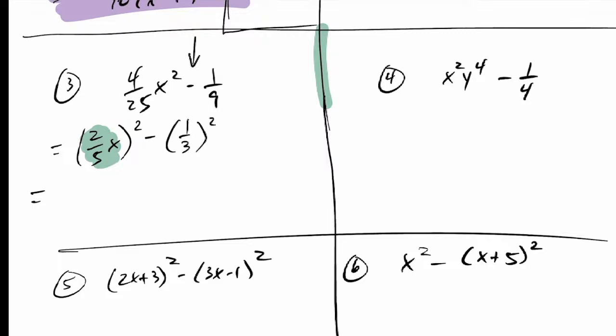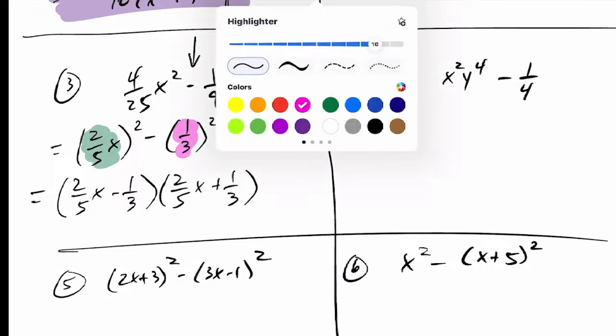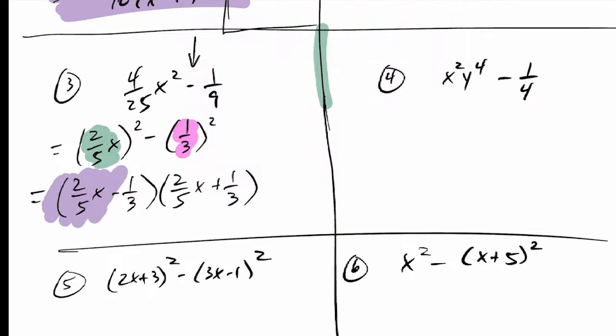This is my x, and this is my y. So this becomes x minus y times x plus y. And that's it. Good, good.